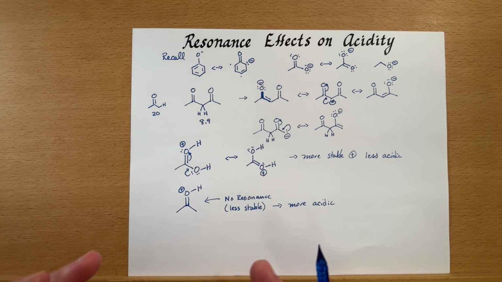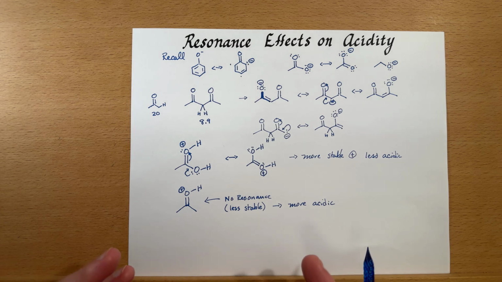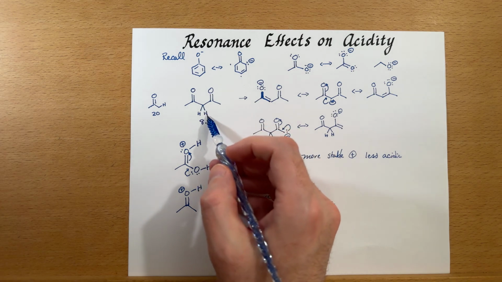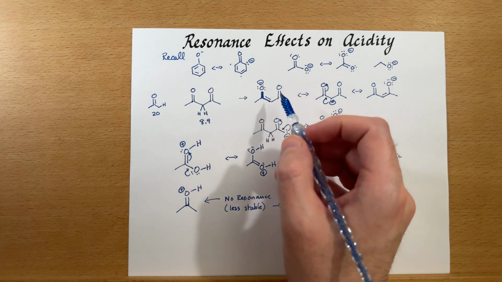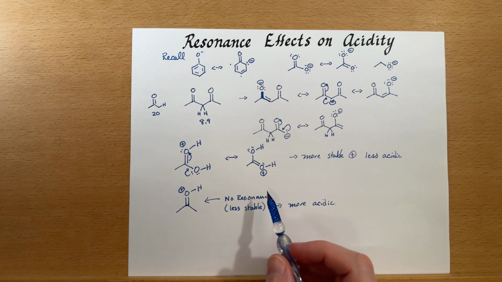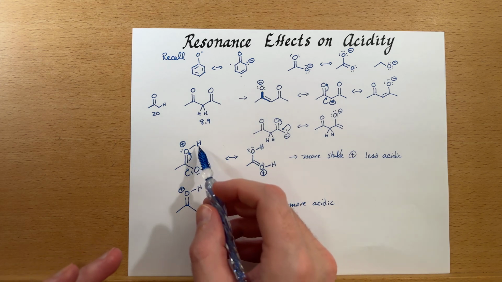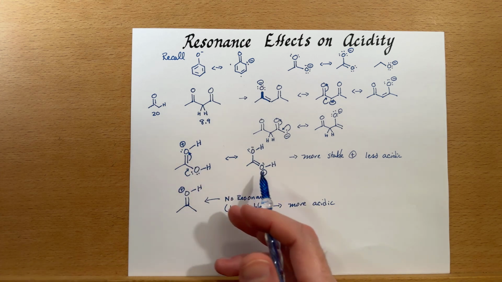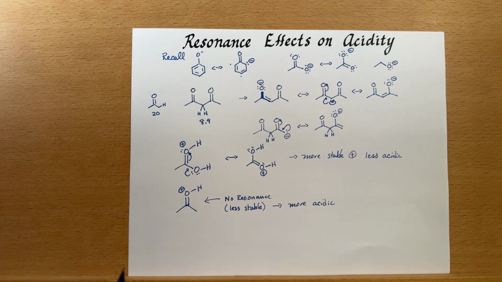If we can have resonance, then that will lead to a more stable ion. And more stable ions will then translate into either easier to remove protons because the anion is more stable, or easier to place hydrogens because it's more stable to move that positive charge around.